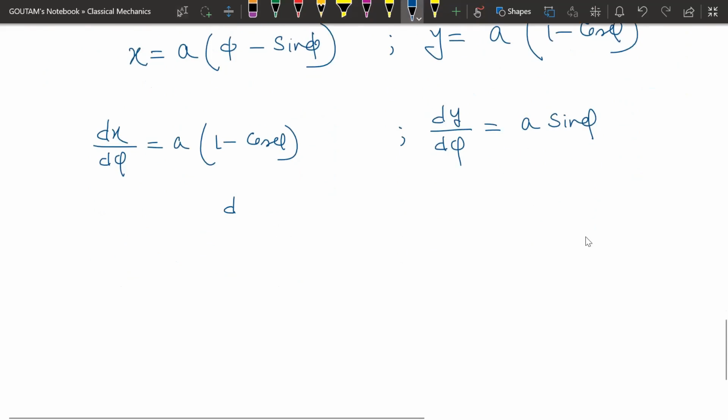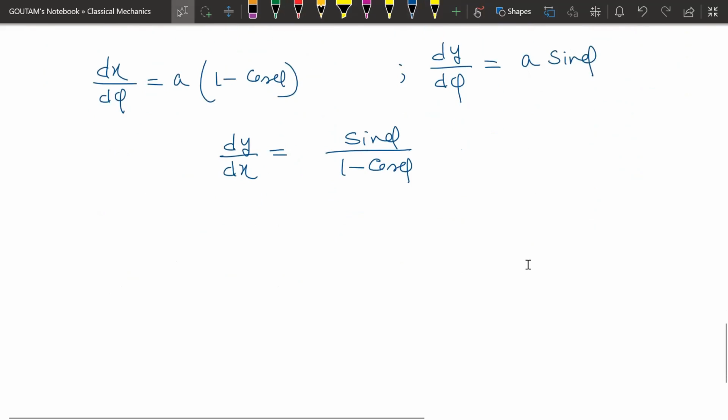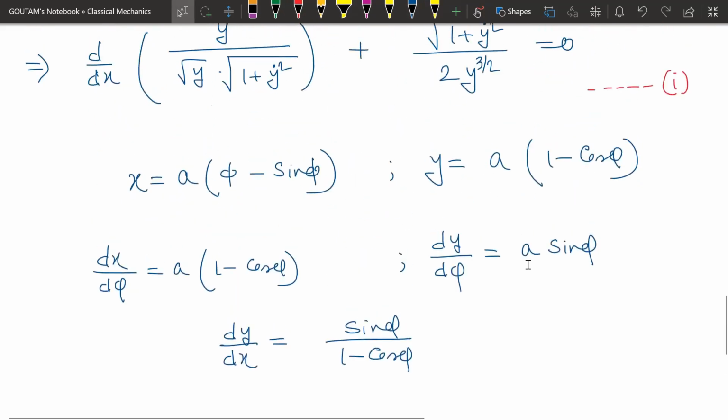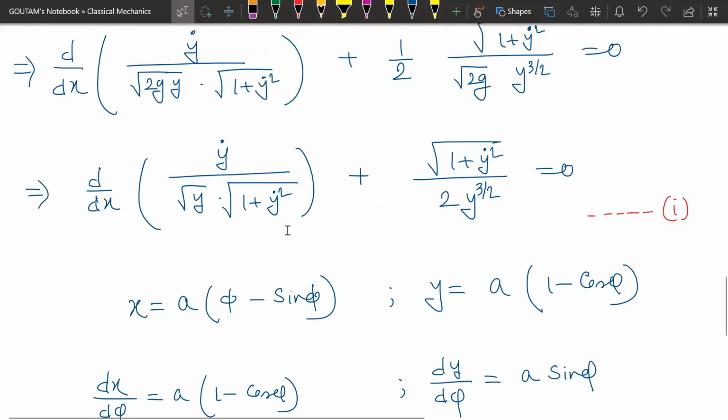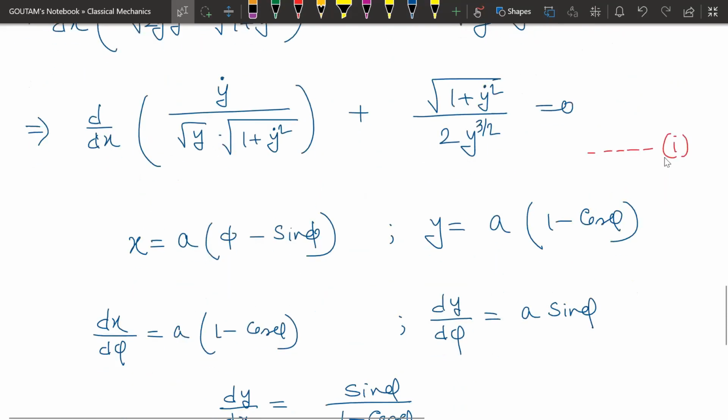In that case, dy/dx will be sin φ by (1 minus cos φ). So now we will calculate this term first, okay? And then we will calculate this term, and we will show that the value of this term is exactly the negative of this term. As a result, it will follow equation 1.